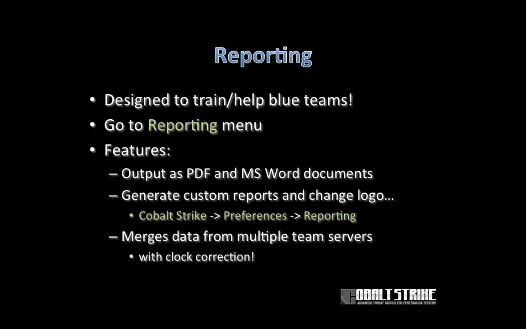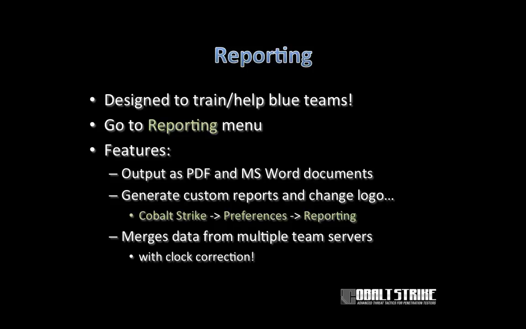Here's something else that's very novel. I mentioned before that Cobalt-Strike is designed to work with multiple team servers, okay? No one server has the entire story for the whole engagement. When you generate a report, Cobalt-Strike merges the data from all of those team servers into one data model. That merged data model is the model Cobalt-Strike uses to generate its reports.